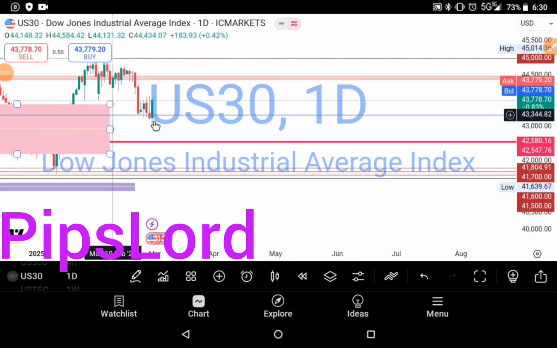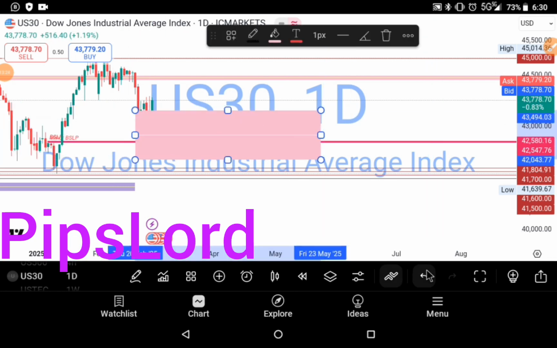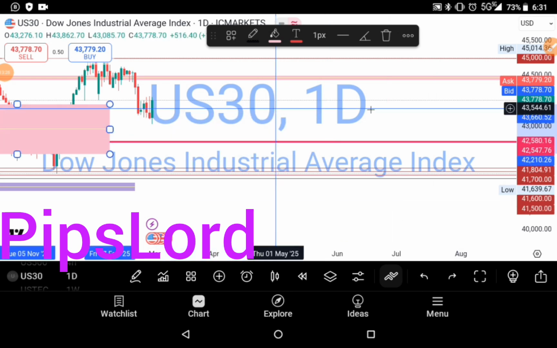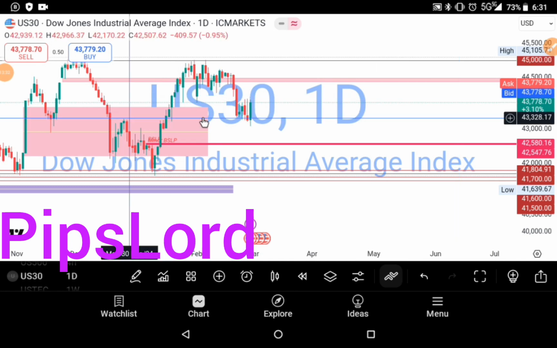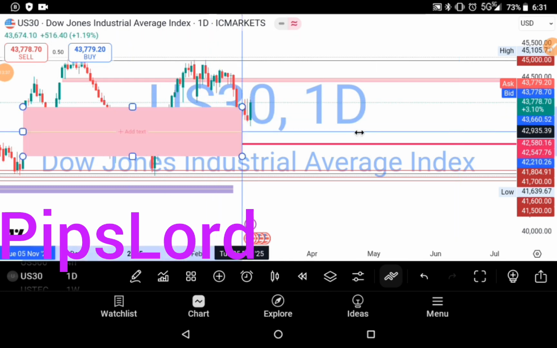I'll be watching if it could remain a support to the price, because of the same premise I have with this extended to the right.